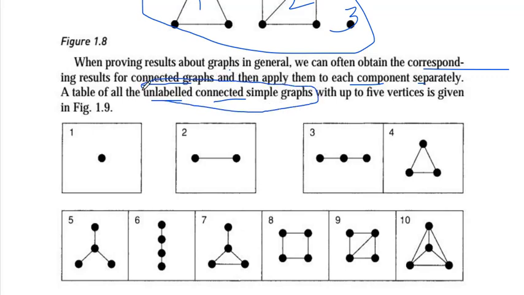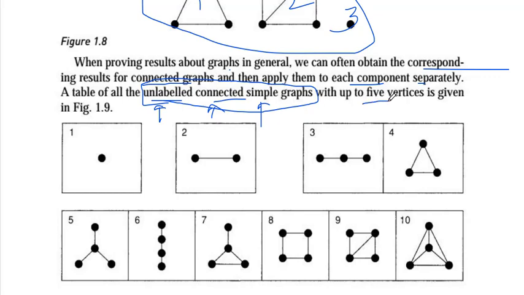Now they have combined 4 terms. We have studied unlabeled, we have studied connected, we have also studied simple graphs. So they have combined unlabeled, connected and simple graphs with up to 5 vertices.